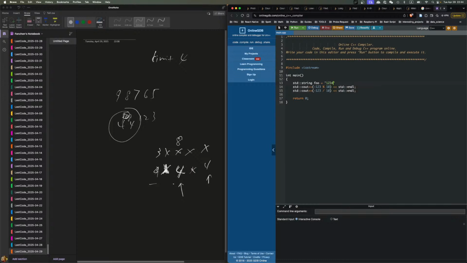Let's say 1, 2, 3, 4. Does foo 1 equal 2?